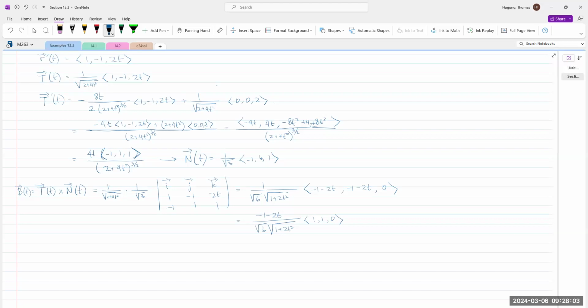It's a function of t, I can tell, but this vector is always parallel to (1, 1, 0).